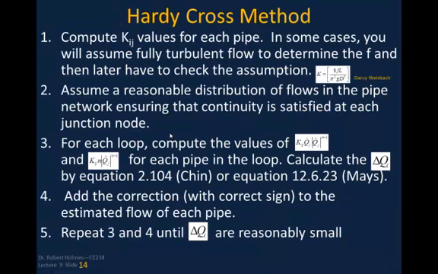All right, so I'm going to add the correction with the correct sign to the estimated flow of each pipe, as I just said. And then I'm going to repeat steps 3 and 4 until the value of delta Q that I compute each time is reasonably small.